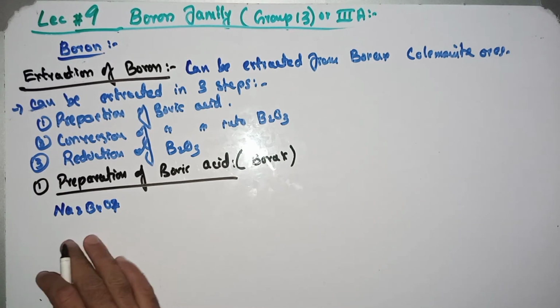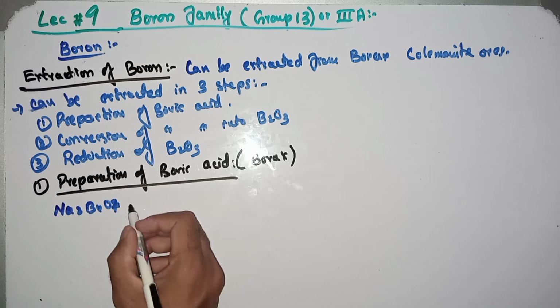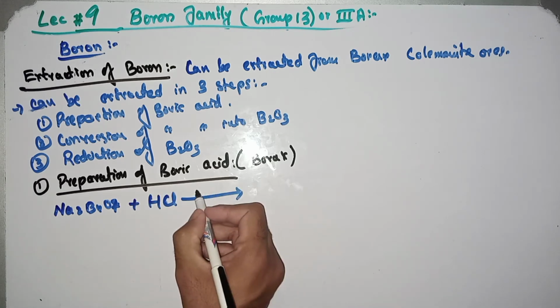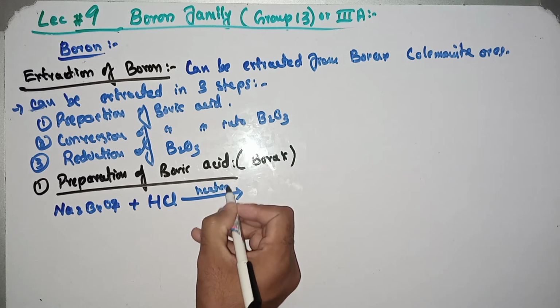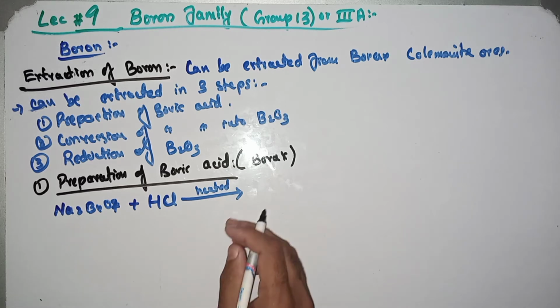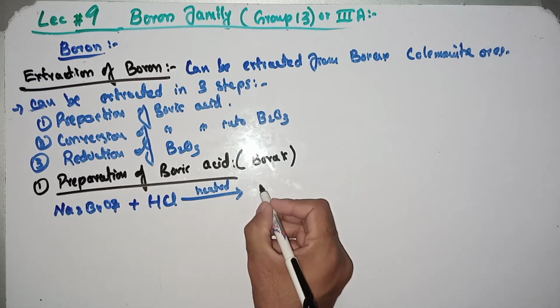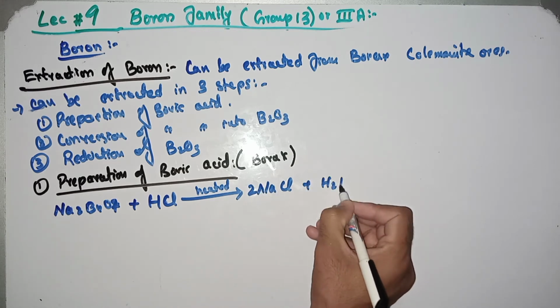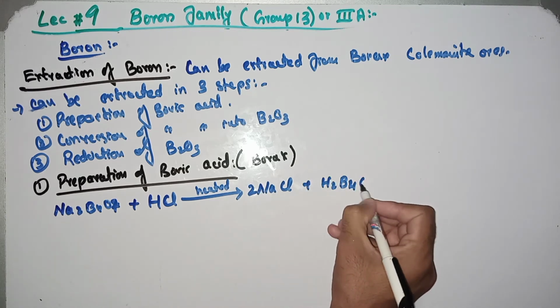When the finely ground borax is strongly heated with concentrated hydrochloric acid or concentrated sulfuric acid, it can be changed into orthoboric acid, that is 2NaCl plus H2B4O7.